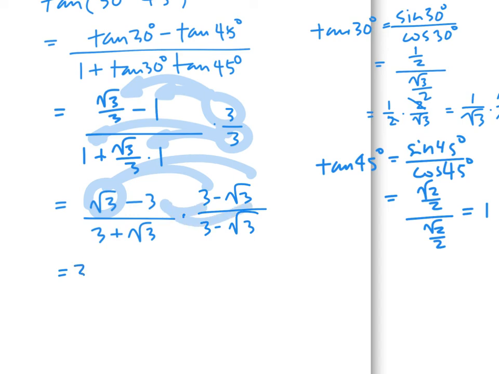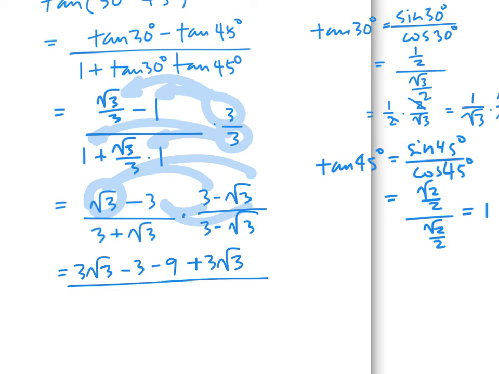Okay, the first term becomes 3 root 3. And then the second term, root 3 times negative root 3 is negative 3. All right, next one. Negative 3 times 3, that's negative 9. And then the last one, negative 3 times negative root 3 is plus 3 root 3.